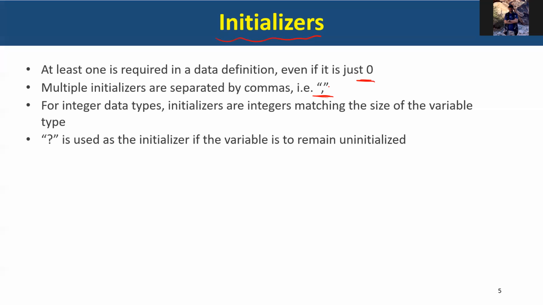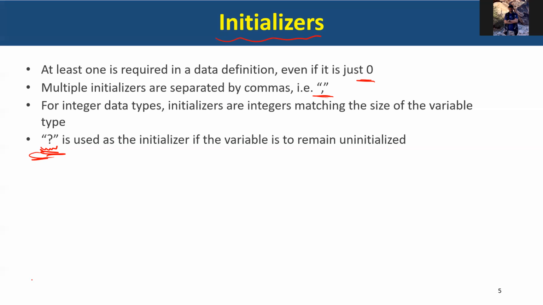You put a comma to differentiate between initializers. If you don't want to initialize some variable, then you put the question mark. In any case, you must put an initializer. Even if you don't want to initialize, you put a kind of initializer that tells the assembler there is no initialization here, so you put the question mark.